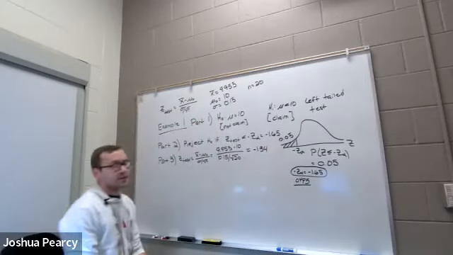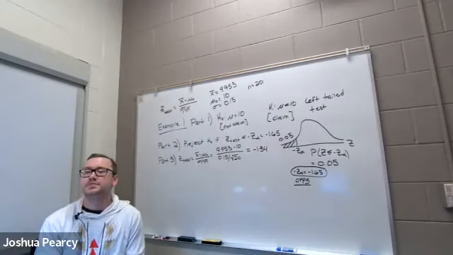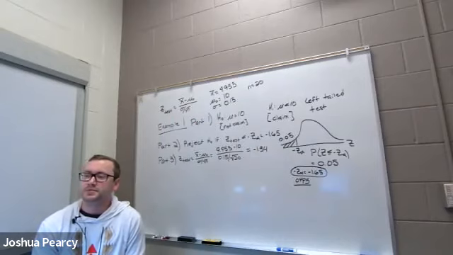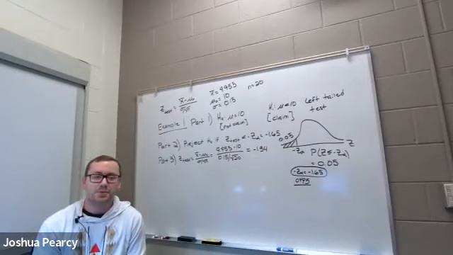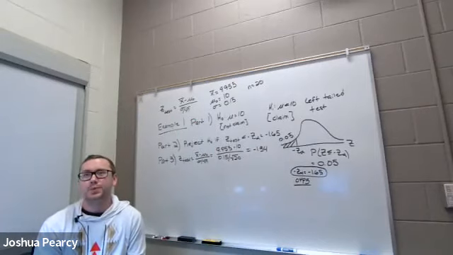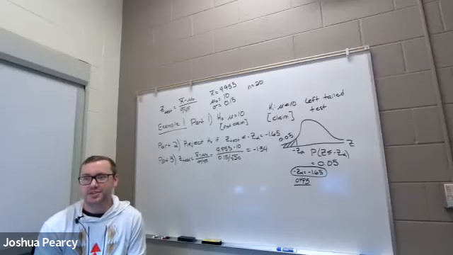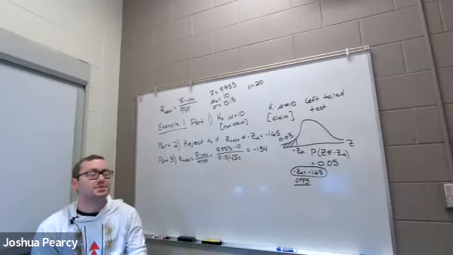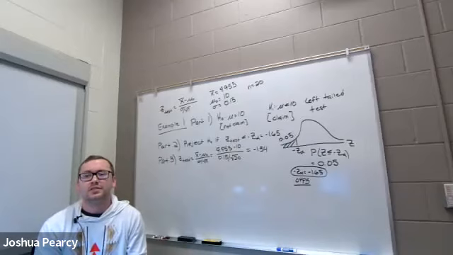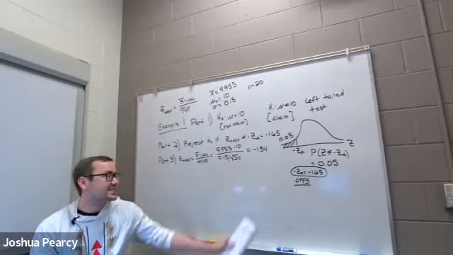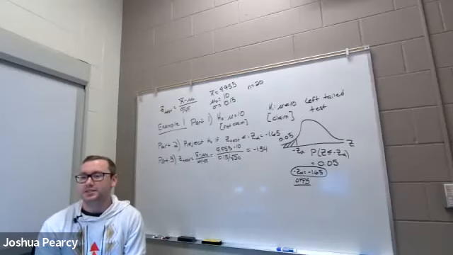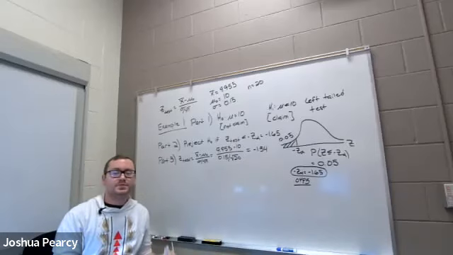Then how do you find the p-value of that? The p-value by definition is the probability of getting a sample statistic more extreme than what you got in favor of the alternative. So the alternative in this case is what? Less than, right? So we're looking at the probability of getting a z-score less than this right here. How would you find that? Very simple. Just look up the z-score of that in the table.